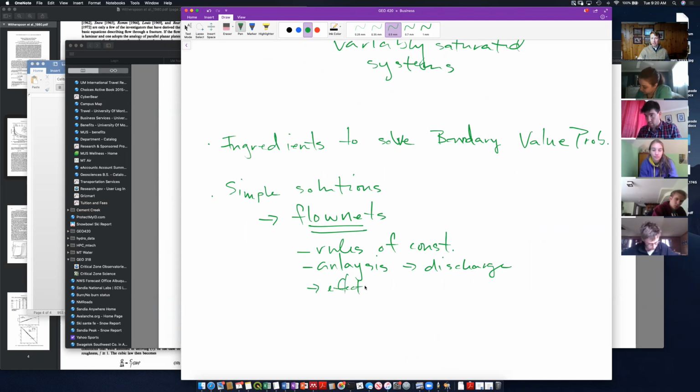Effects of heterogeneity. Be able to draw flow nets for a variety of different settings, and understand how we analyze flow nets to calculate properties of interest for a groundwater flow system, such as discharge through the flow net.